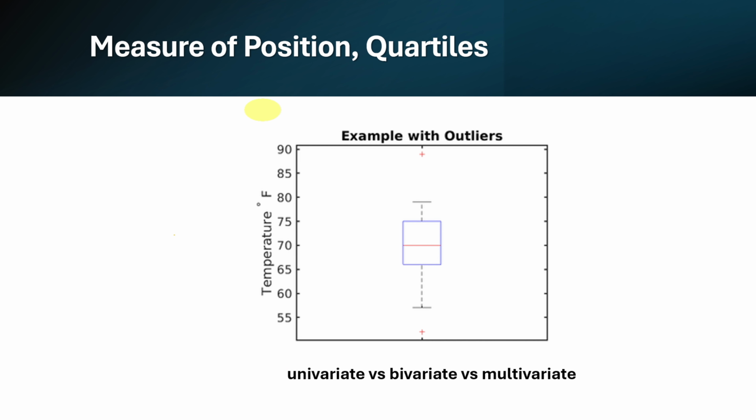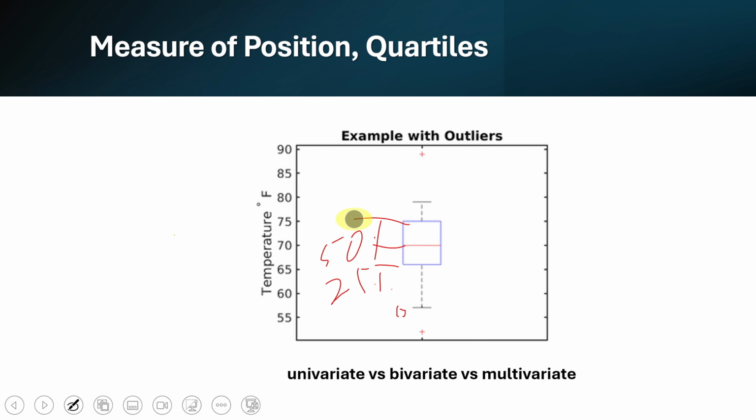Now let's discuss the measure of position in the diagram way. In this, for example, this is your 0, and this is your 25%. This is your 50%. This is your 75%. And this is your 100%. Now, this is your quartile.